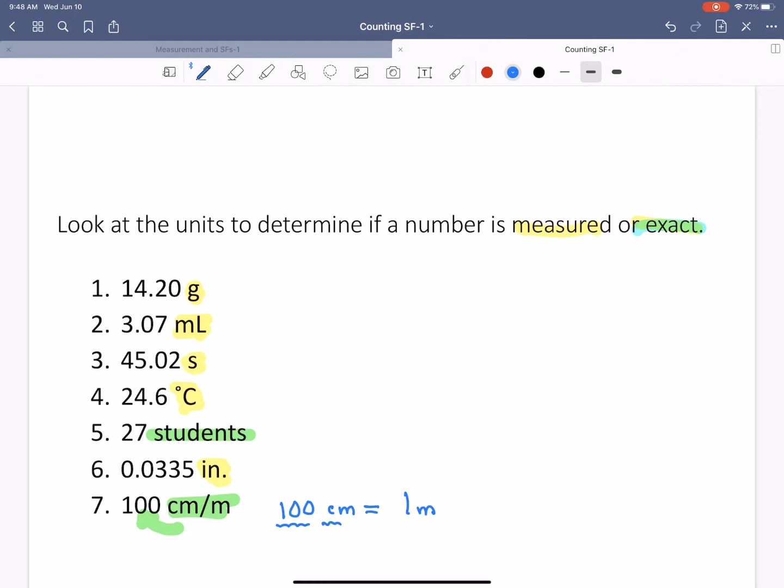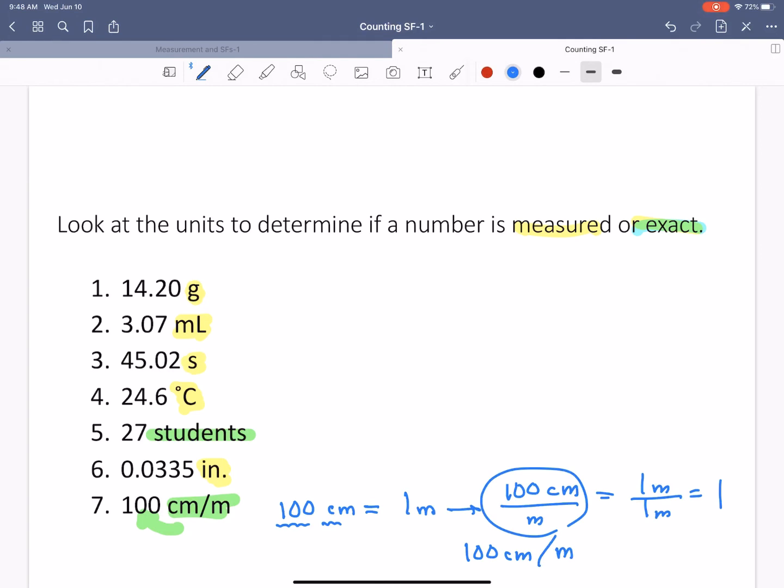If we divide both sides by meter, we get 100 centimeters per meter equals 1 meter per 1 meter equals 1. And another way of writing that would be 100 centimeters per meter.